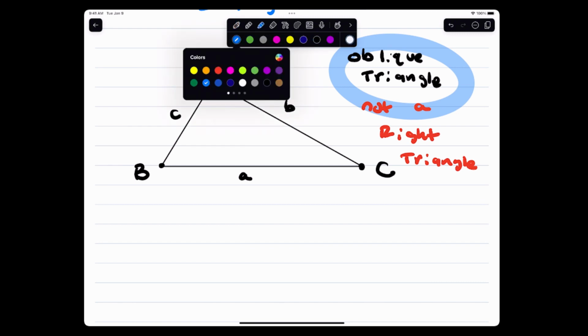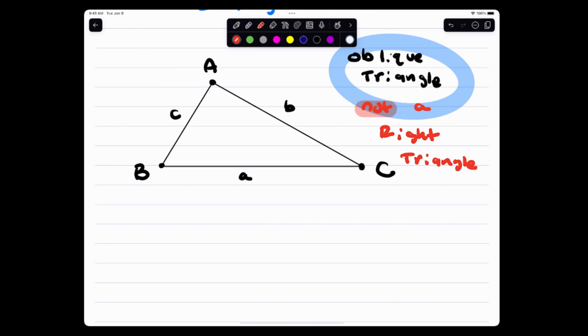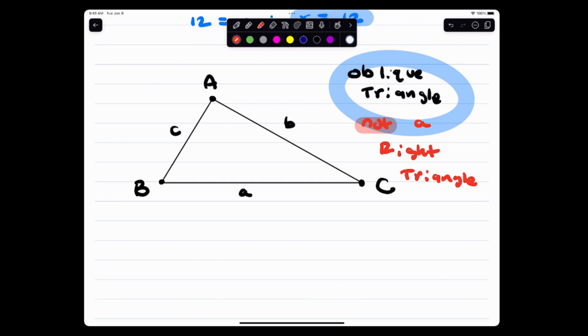So we're naming this situation. So the real definition of oblique is a non-right triangle. So let's write that down. A non-right triangle. Okay.